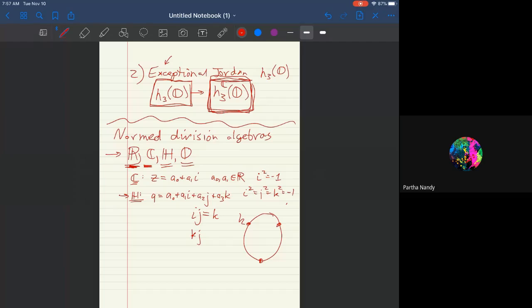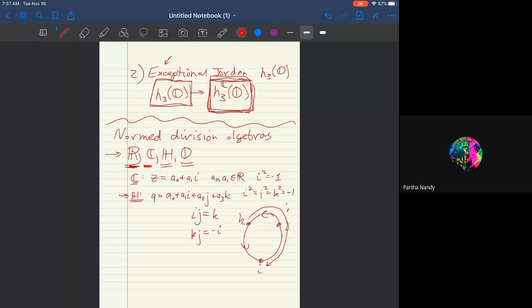So the point is that if I multiply k times j, the answer is minus i, because I moved in the opposite direction from the arrow on the circle.